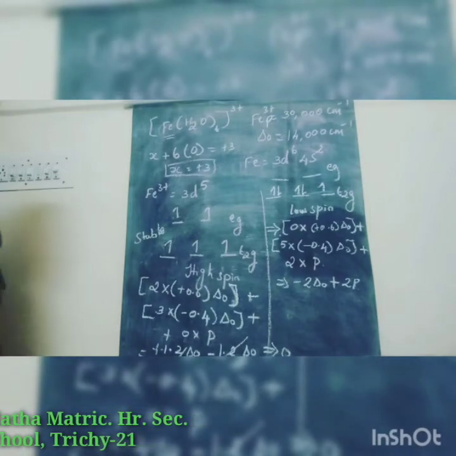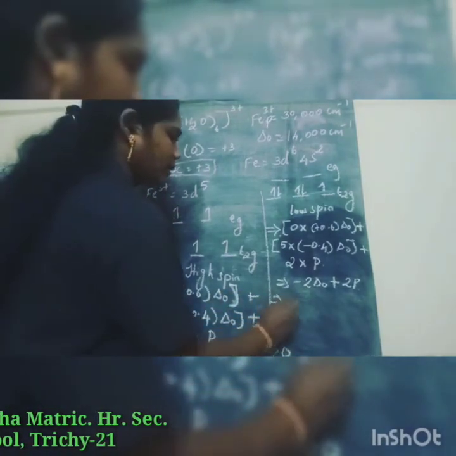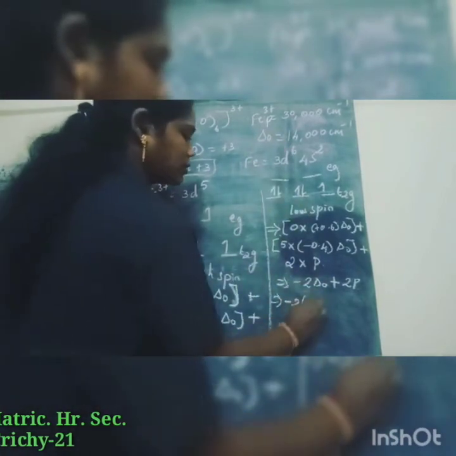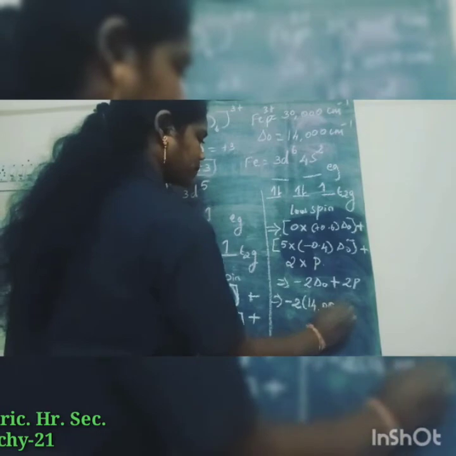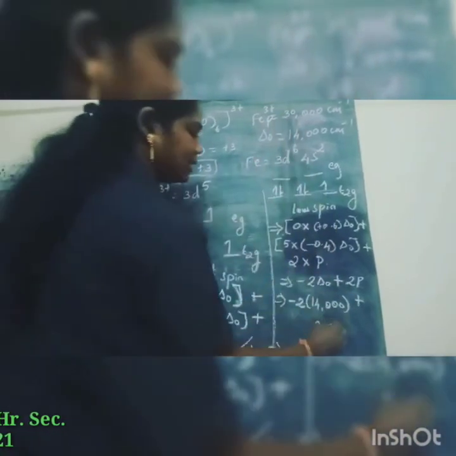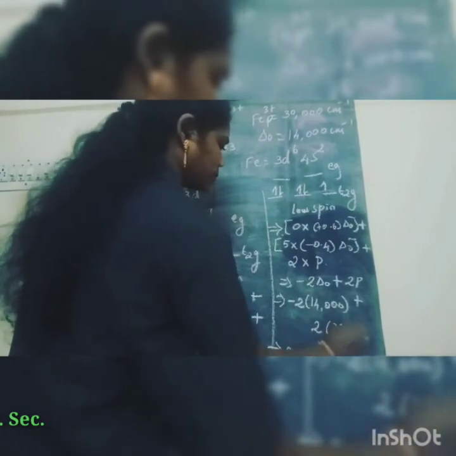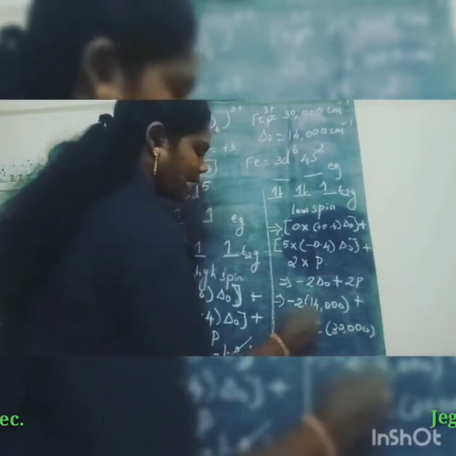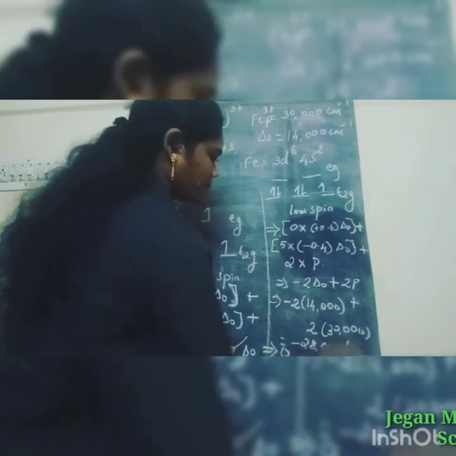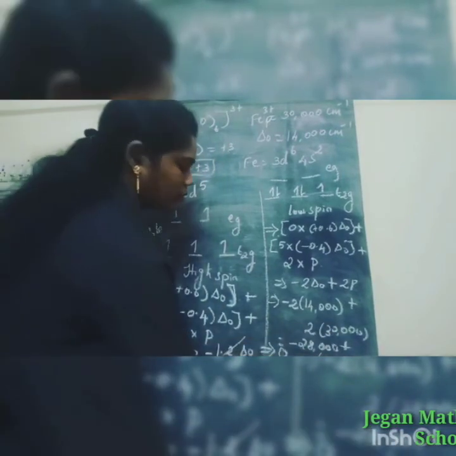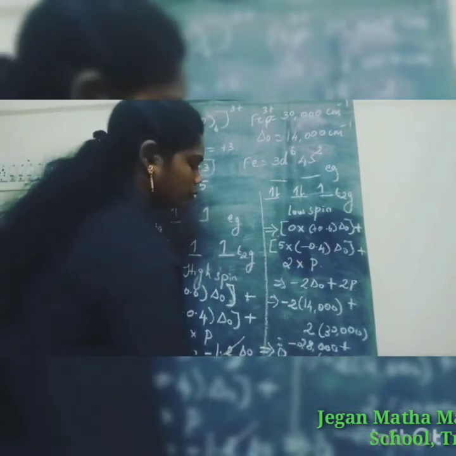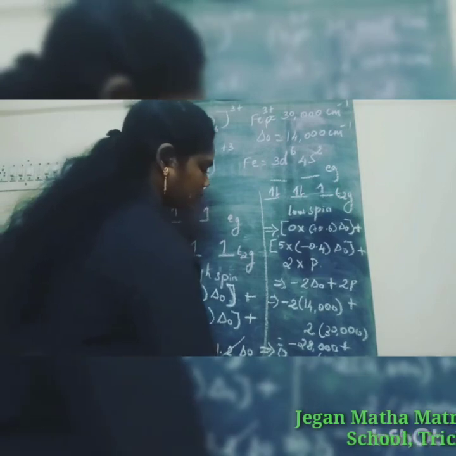Minus 2 into Δ octahedral value 14,000, plus 2 into pairing energy value 30,000. So here minus 28,000 plus 60,000, we get 32,000.